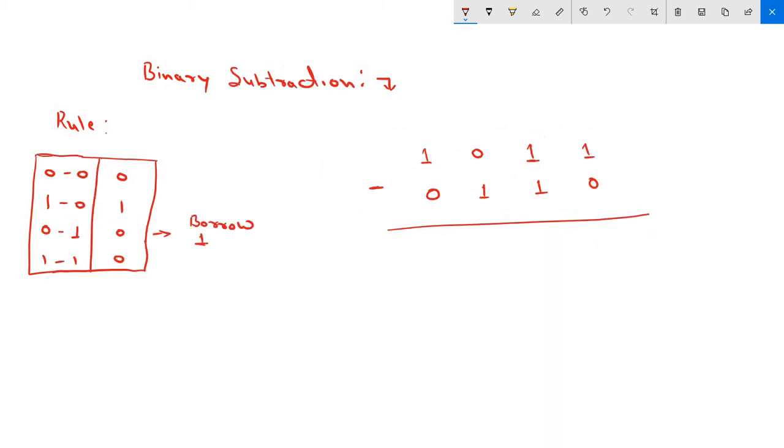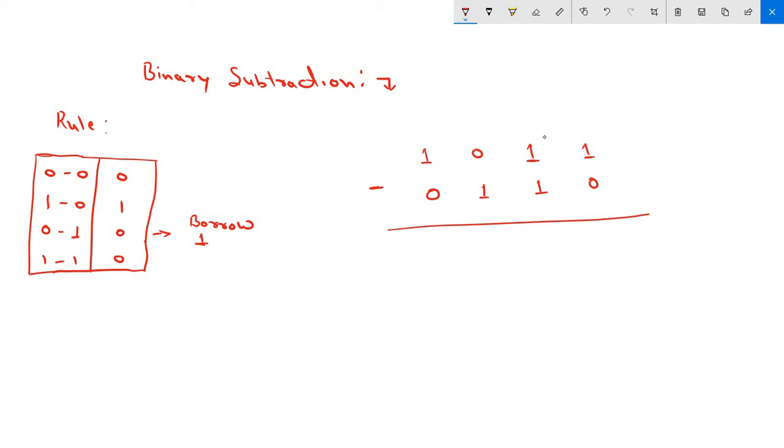Okay, now we will go for binary subtraction. There are also some rules for binary subtraction. Clear? According to the rules, 0 minus 0 equals 0, and 1 minus 0 equals 1. 0 minus 1 equals 0, borrow 1. And 1 minus 1 equals 0.